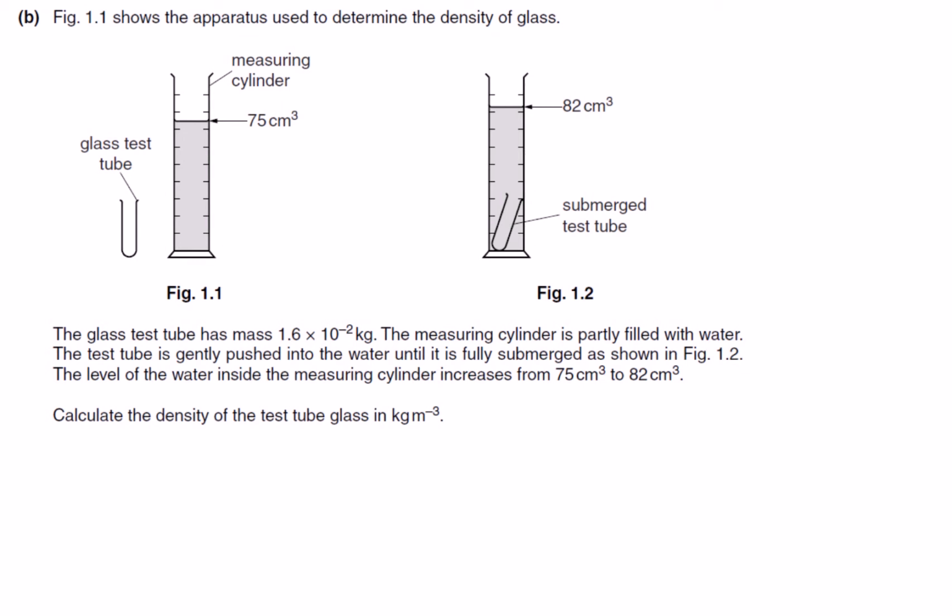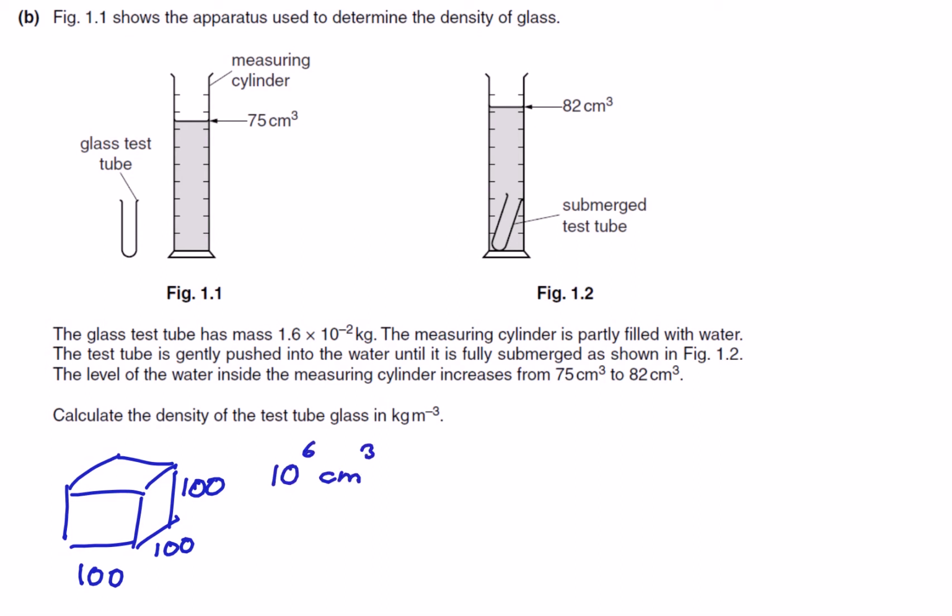Now we need to calculate the density of the test tube in kilograms per meter cubed. So first thing we need to realise is how many centimeters cubed there are in a meter cubed. So let's just have a little sketch of that. Well, there are 100 centimeters in a meter, so that's 100 times 100 times 100, which tells me that 10 to the 6 centimeters cubed is equal to 1 meter cubed.